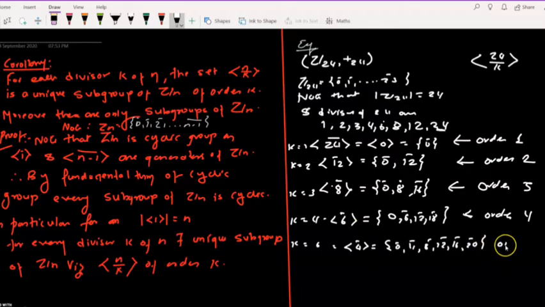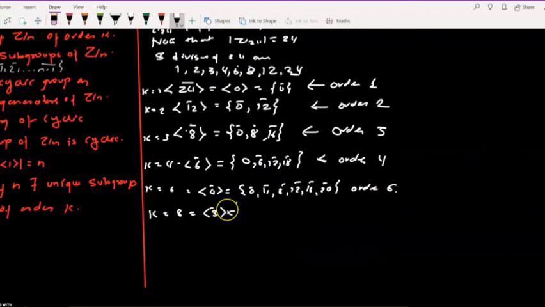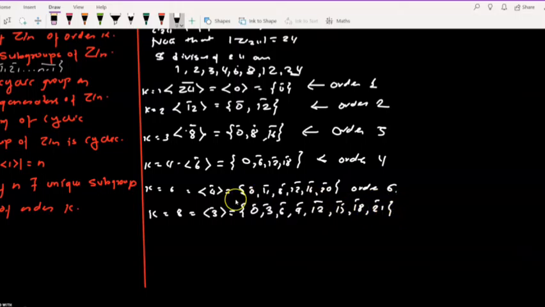So the order of this is 6. Then k equals 8, then 24 by 8 gives me 3 bar: 0 bar, 3 bar, 6 bar, 9 bar, 12 bar, 15 bar, 18 bar, 21 bar, and back to 0. So the order of this is 8.